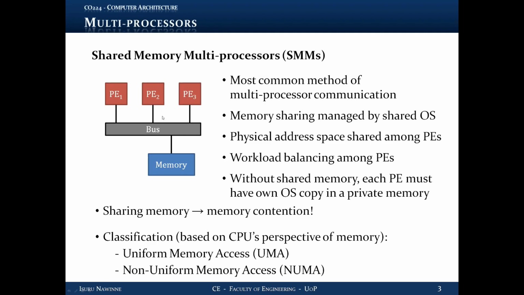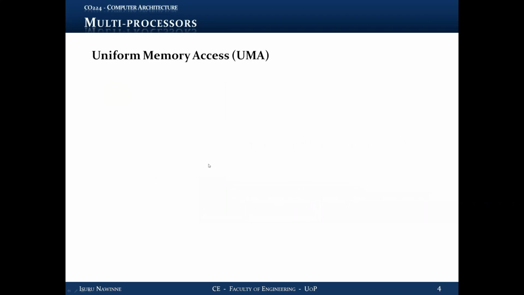Other than that, by design, there is no difference in the average time spent on accessing any given memory location for any CPU. That is the feature of uniform memory access. Non-uniform memory access systems, in contrast, is different. Right? So we will have a look at those two now.